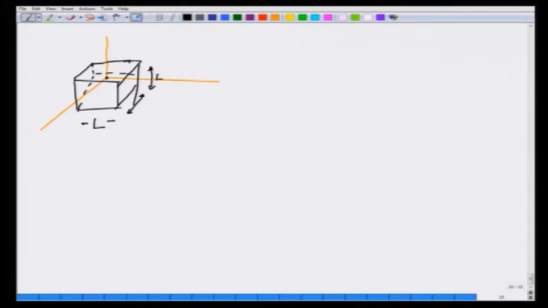This is x direction, this is y direction, this is z direction.